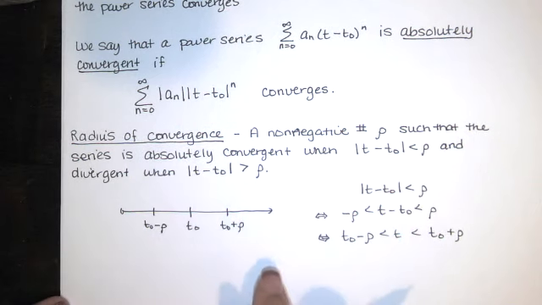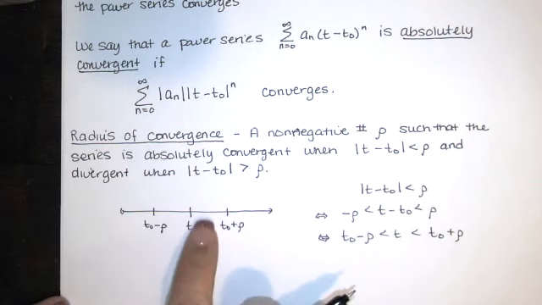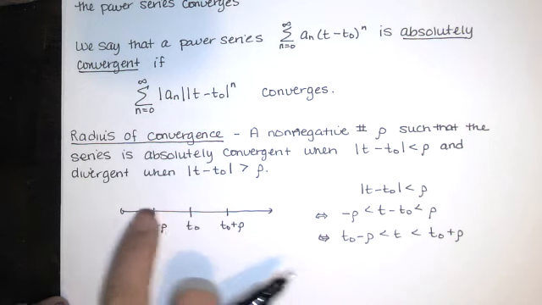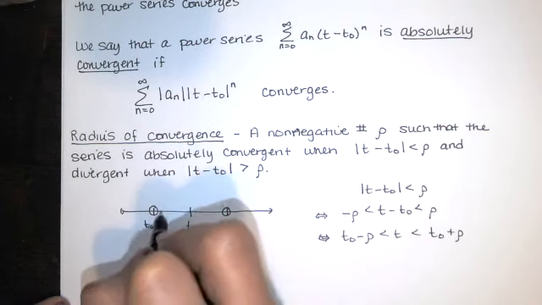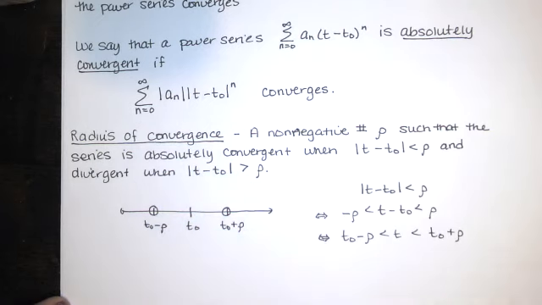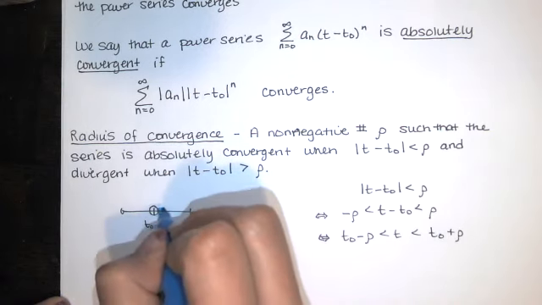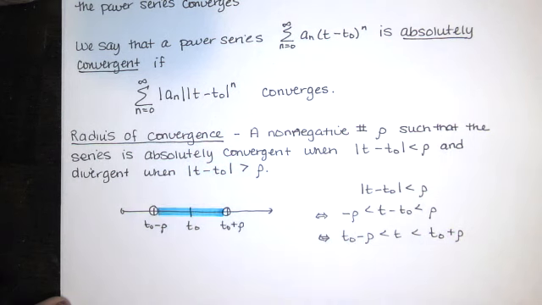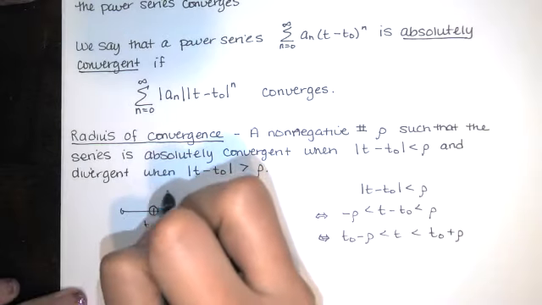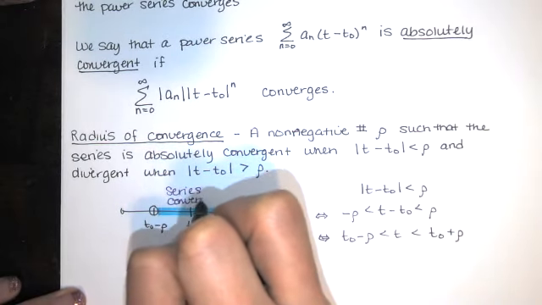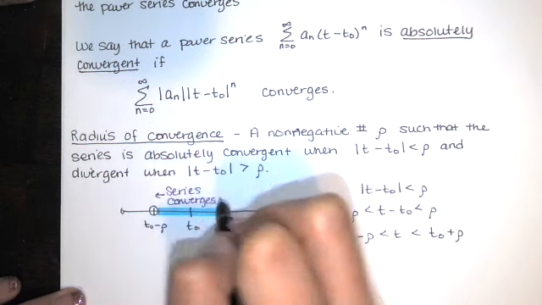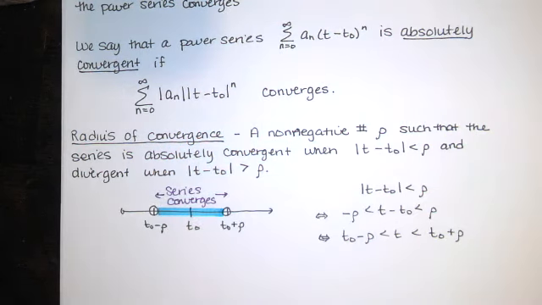The radius of convergence is that non-negative number rho, so that the series is convergent on this interval. So the series converges here. But then it diverges outside of that interval.